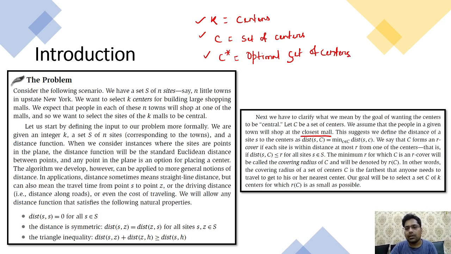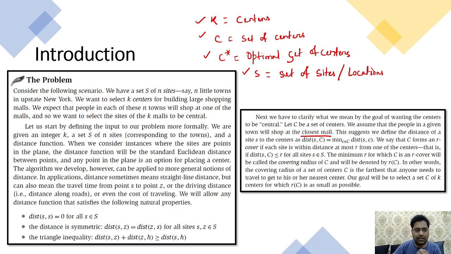Don't worry, we will discuss exactly how we will find it. And S is the set of cities, or sites, as it is written in the book. You can say locations also. Clear? So these are the prerequisites we should know.